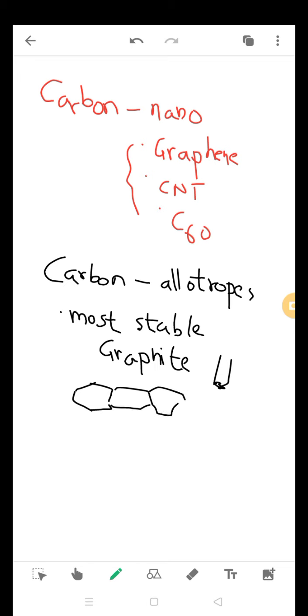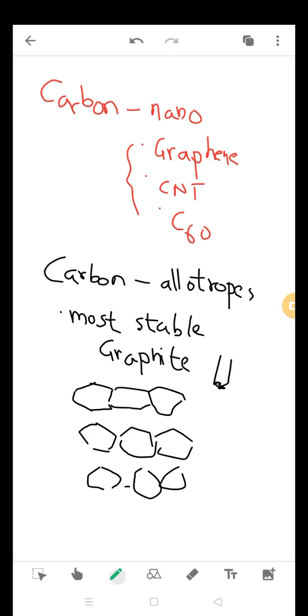So you have monolayers of carbon stacked one upon each other, and they are joined by van der Waals forces. So this multi-layered stacking of sheets of carbon makes what is known as graphite.